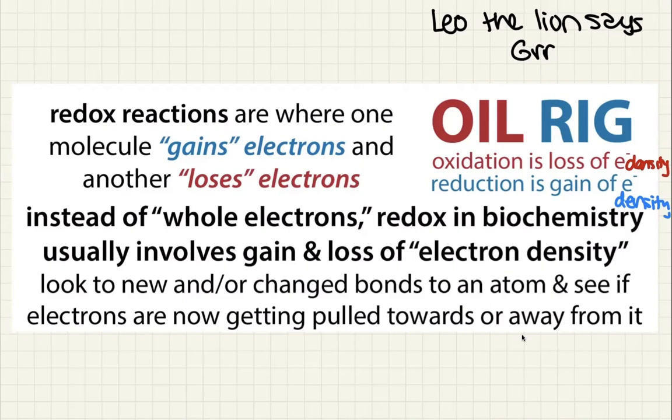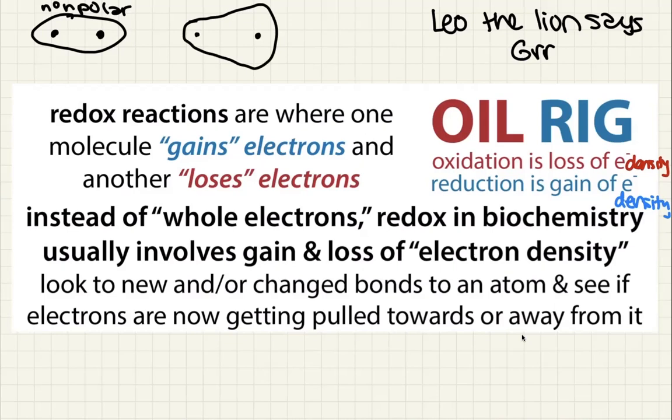So if you think about a bond, you have two atoms joined in a covalent bond. If you have a nonpolar covalent bond, the atoms are going to share this equally. But if one is more electronegative, now the shared electron density can shift towards that one.